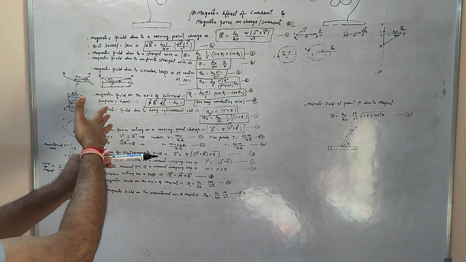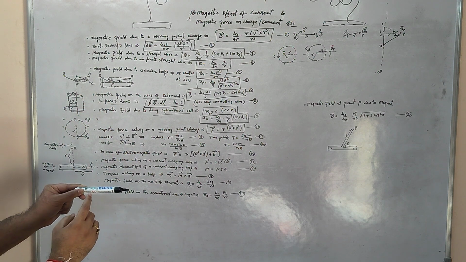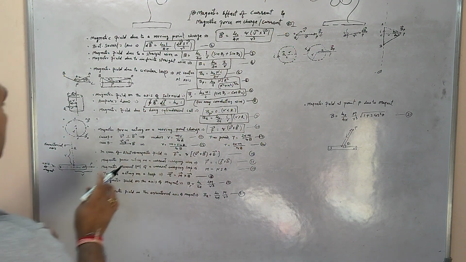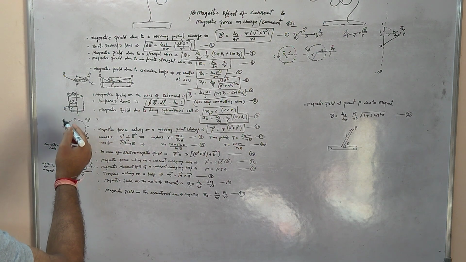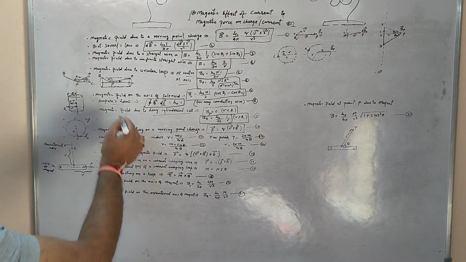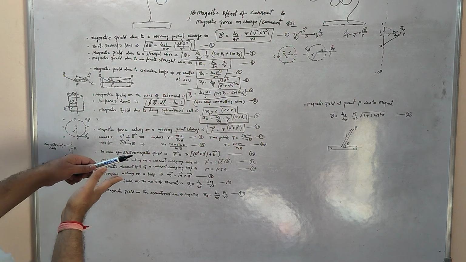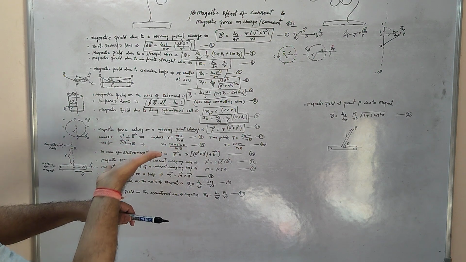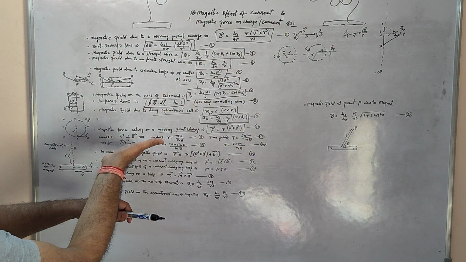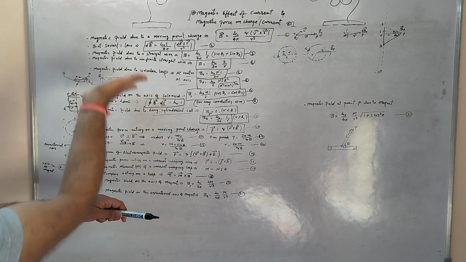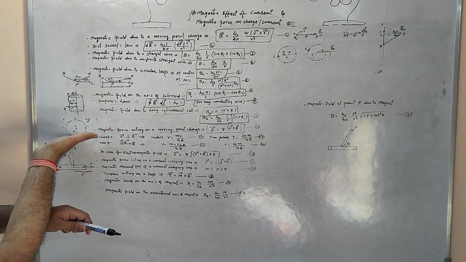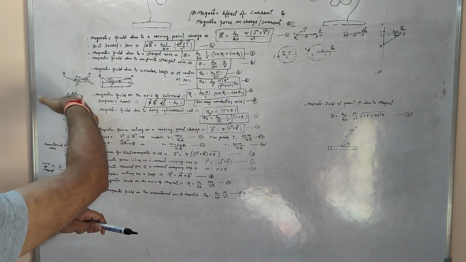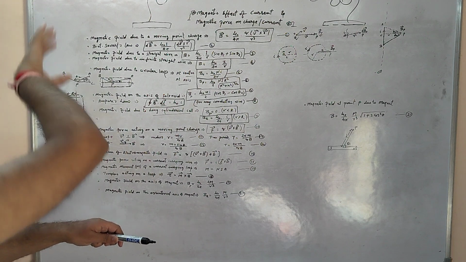So this v is perpendicular to B, then case 1, v perpendicular to B, so it will undergo a circular motion as the force will be qvB. This is velocity, this is magnetic field, so force will be this side, qvB, and always perpendicular, so this will undergo a circular motion like this.